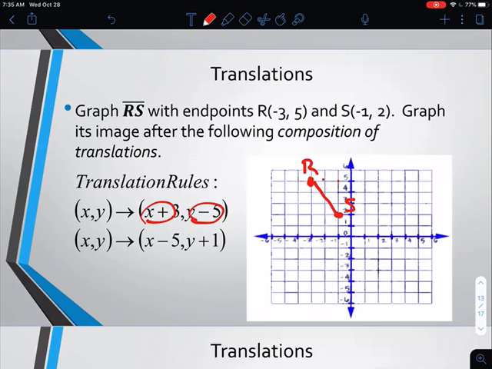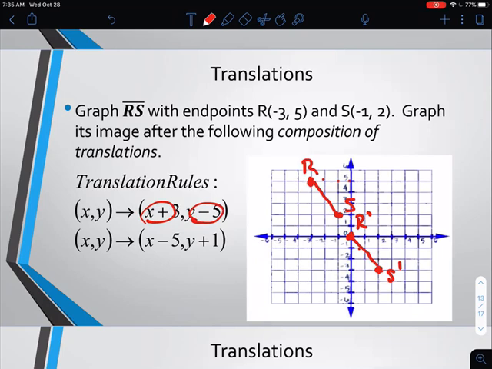So I'm going to take r and move it right 3 and down 5. So this is going to be r prime. And then I'm going to do s the same way. I'm going to move it right 3 and down 5. So down here, that's going to be s prime.